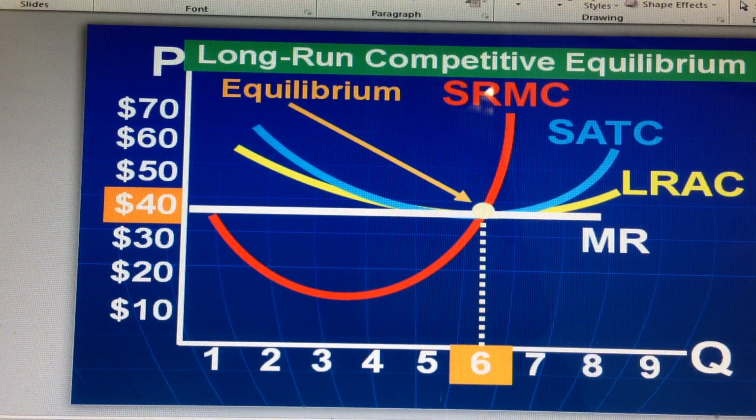But you'll be choosing the one that actually has the least cost. If you remember what we have done, for short run, you can have many different cost curves. But of course, you will choose the one that, when you are producing, follows the same rule. MR is here. When your MR equals to MC, that is the profit maximization rule. This is the MC, this is the MR. So you must be producing at 6.